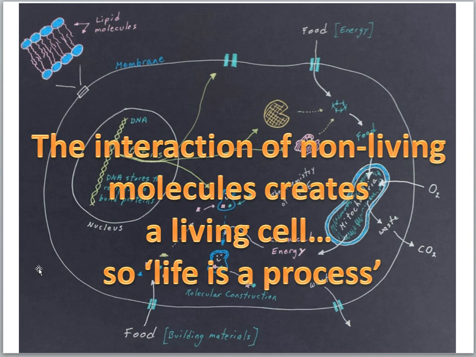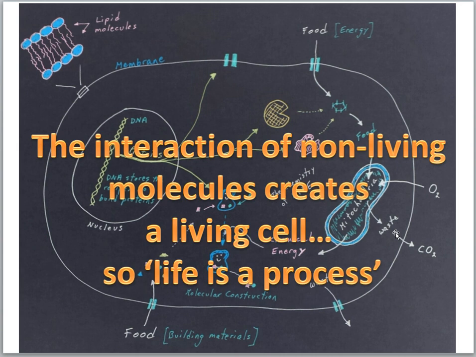So life is a process. That's how a living thing can be constructed of non-living parts, because life is not just a static collection of objects, it's a process of important molecules like proteins and food molecules interacting in space and time. And that complex chemistry is a process.